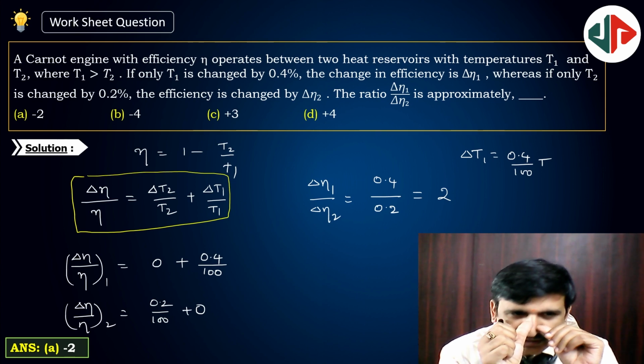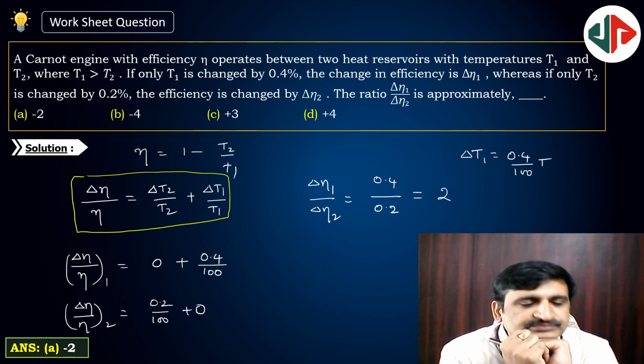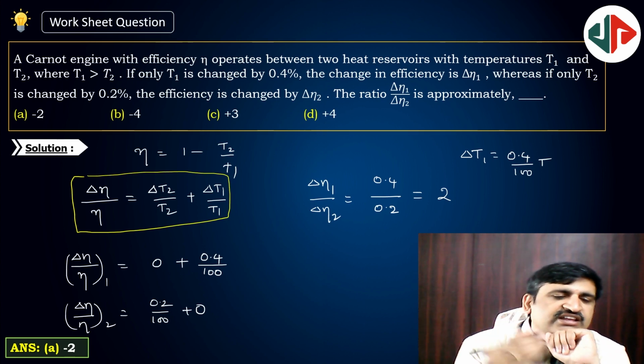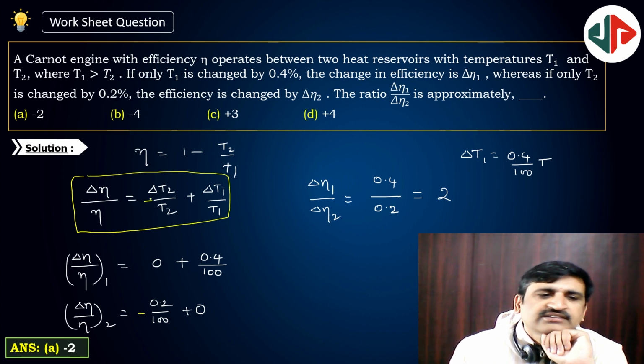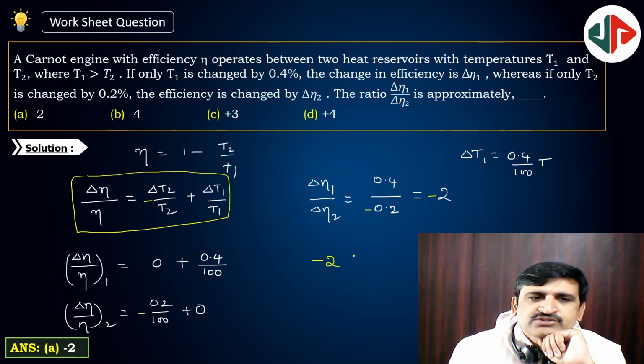Here I took only plus symbols. Since T2 is in the denominator, you need to put a minus sign, then obviously this minus sign will come. So minus 2% will come.